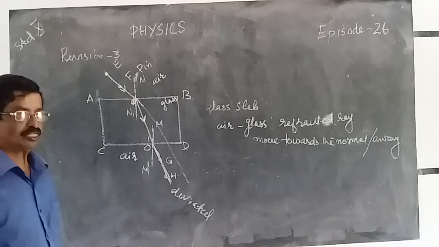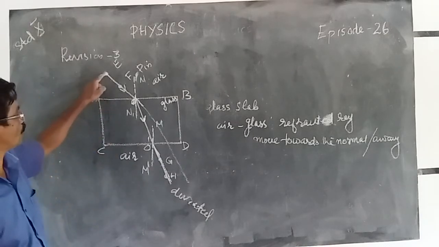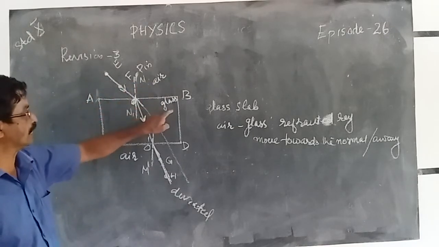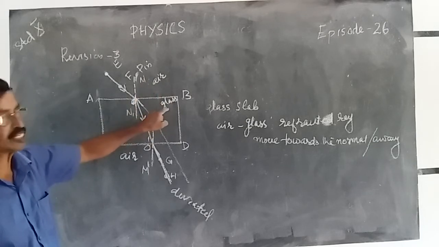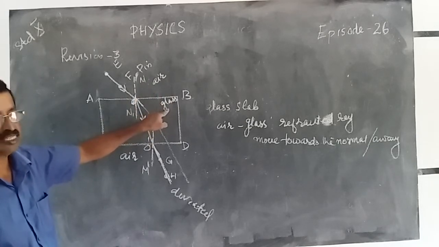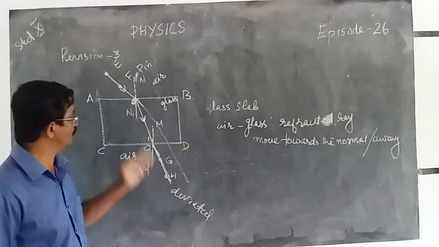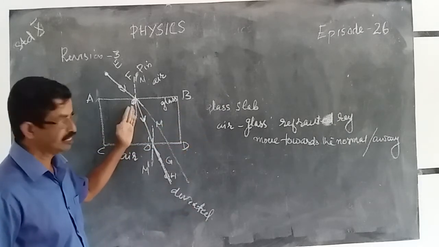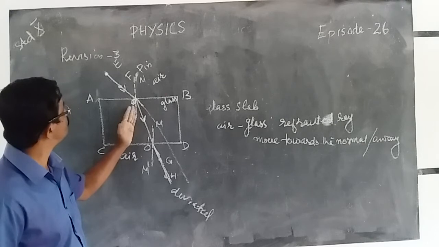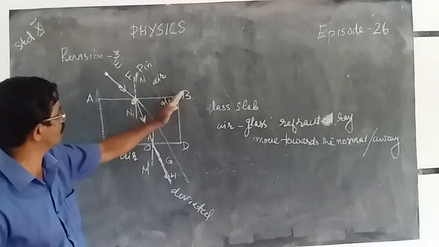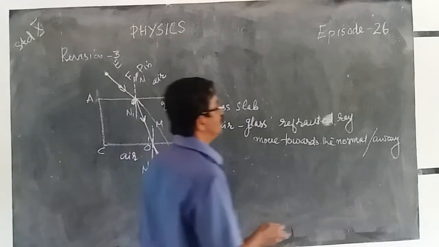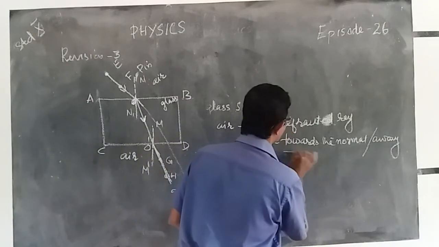What is the answer? When the light ray passes from air to glass, air is a rare medium and glass is denser. This is the normal. Does it bend towards the normal or away from the normal? It bends towards the normal.